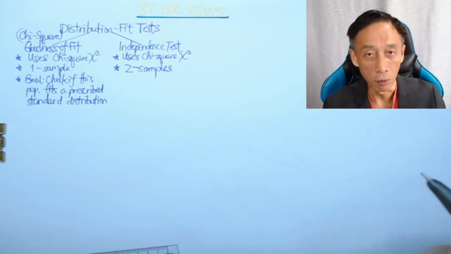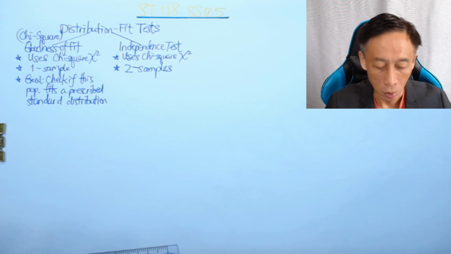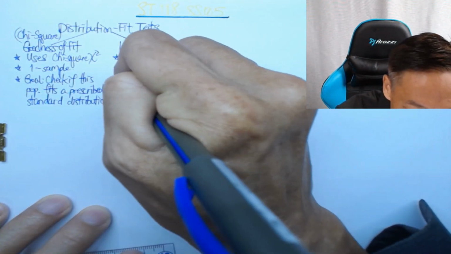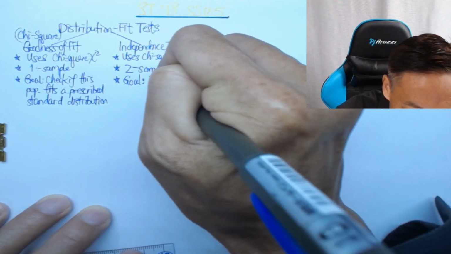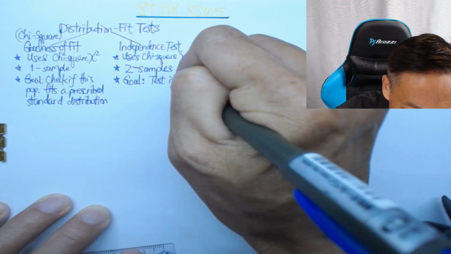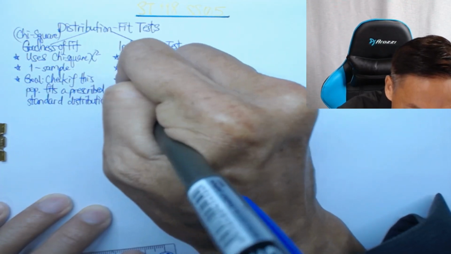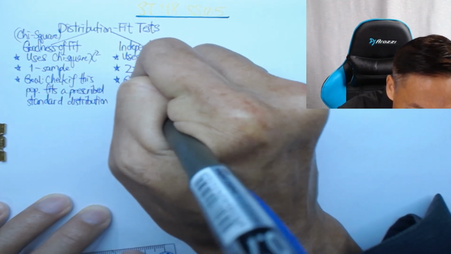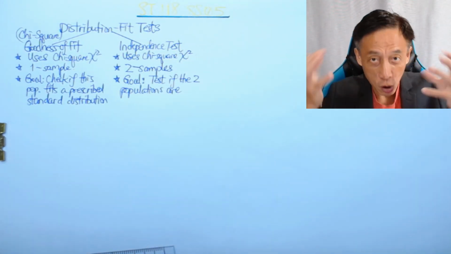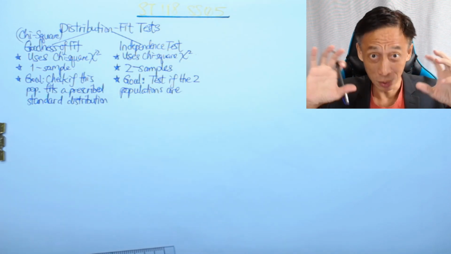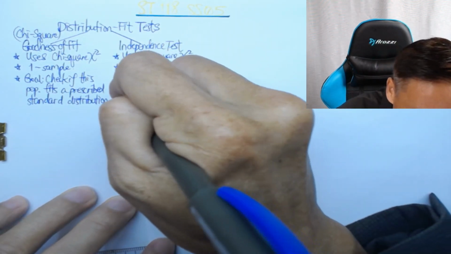This test, however, involves two samples, but not to test whether the two population distributions are the same or not. Rather, the goal is to test if the two populations, as two blocks of data clouds, are independent.